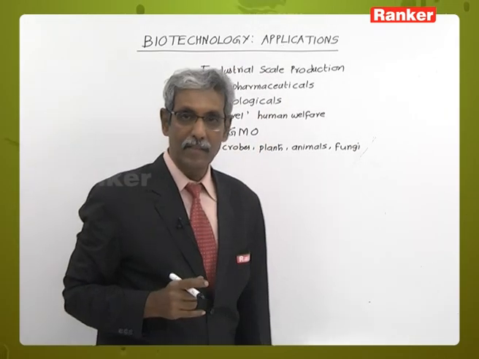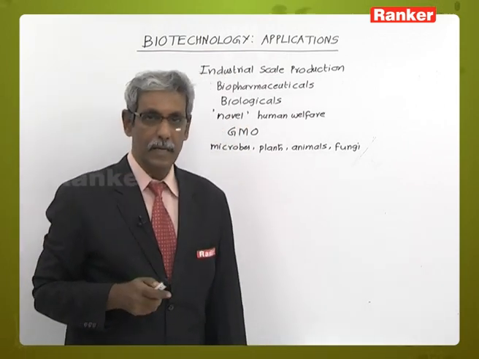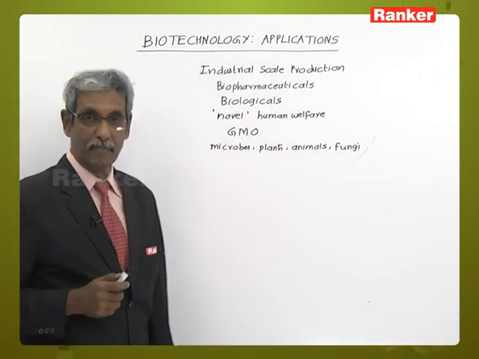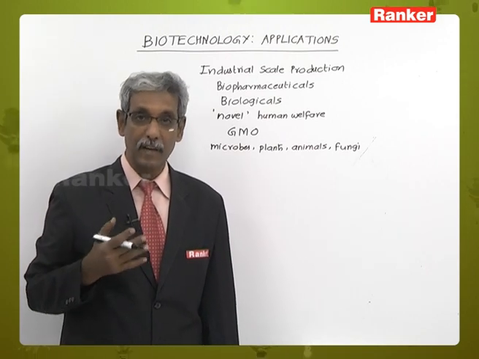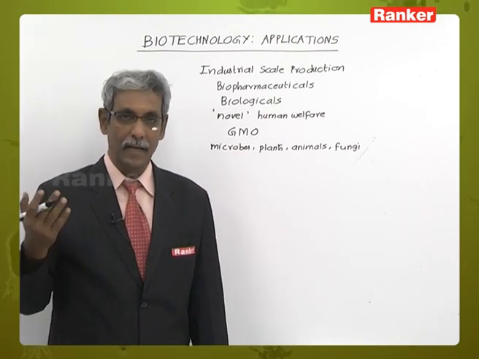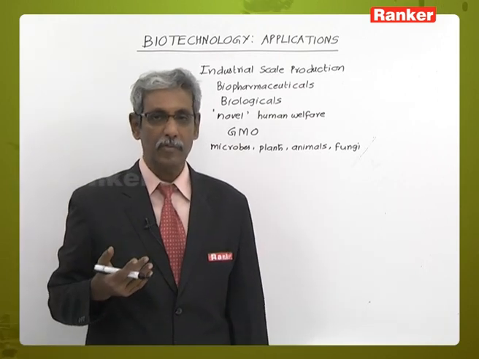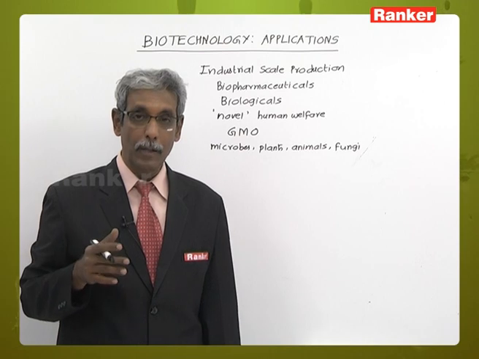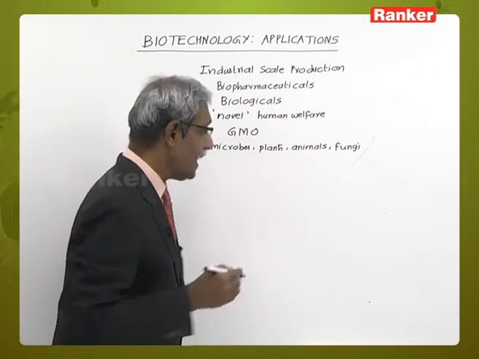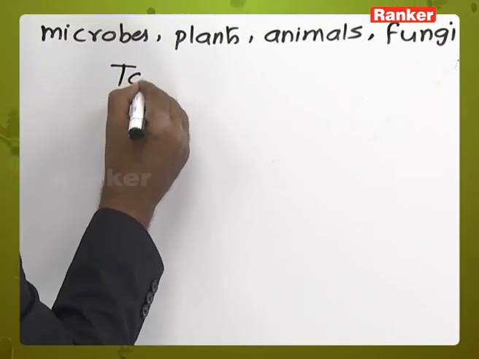The reason why genetically modified organisms involve maximum microbes and fungi is because microorganisms and fungi can sporulate very fast. And the reason why most genetically modified organisms include crops or plants is because plants are totipotent.